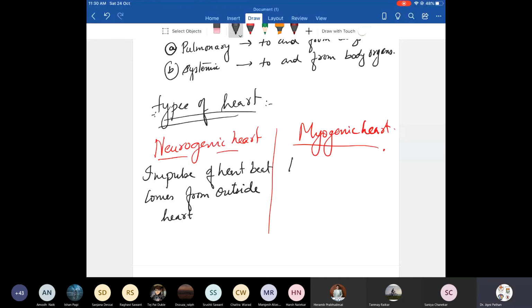Impulse of heartbeat develops within the heart. Done.